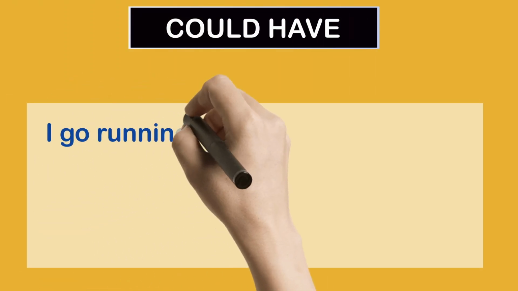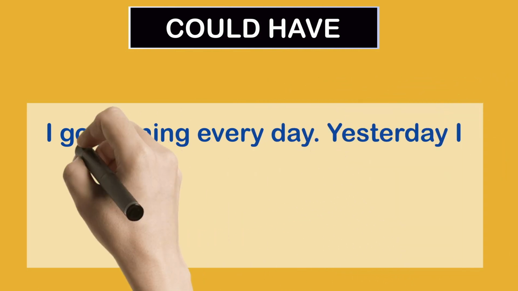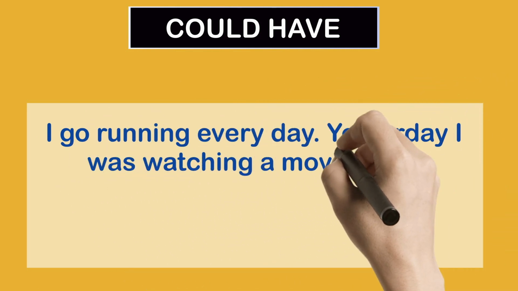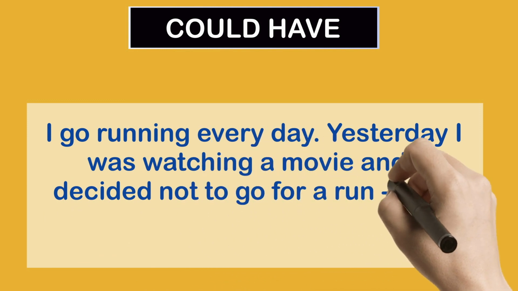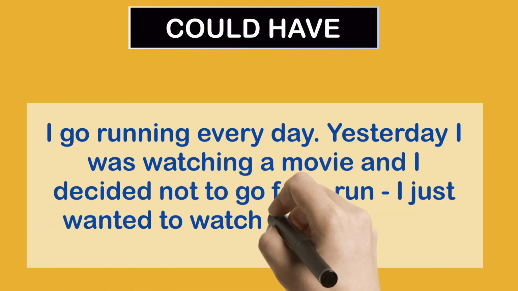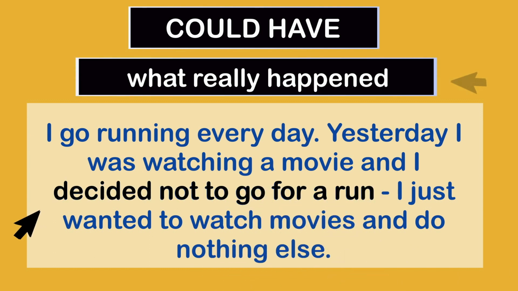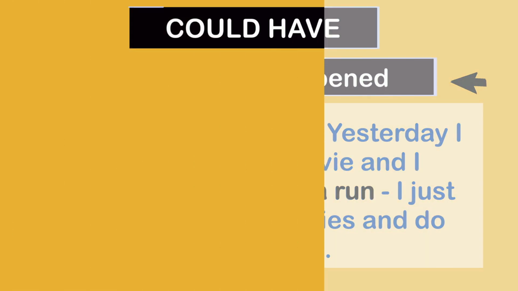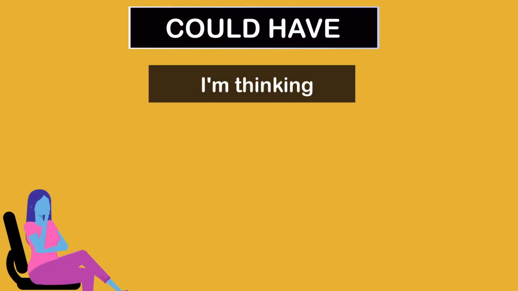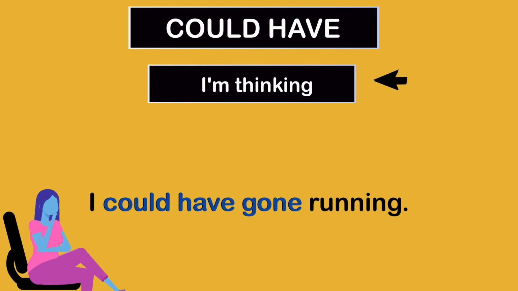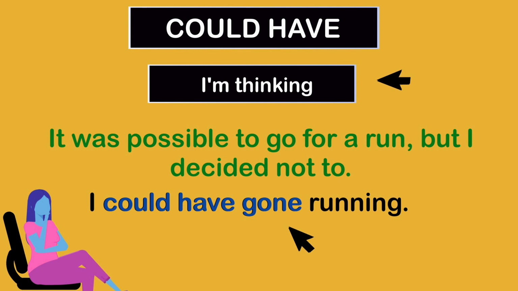I go running every day. Yesterday, I was watching a movie and I decided not to go for a run. I just wanted to watch movies and do nothing else. This is what really happened. Now I'm thinking, I could have gone running. Why is that? Because it was possible for me to go for a run yesterday, but I decided not to.